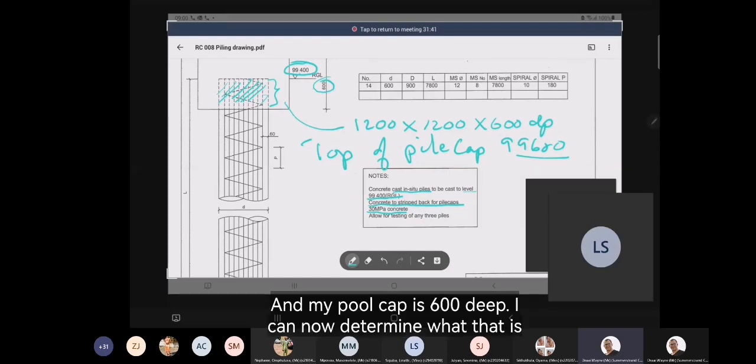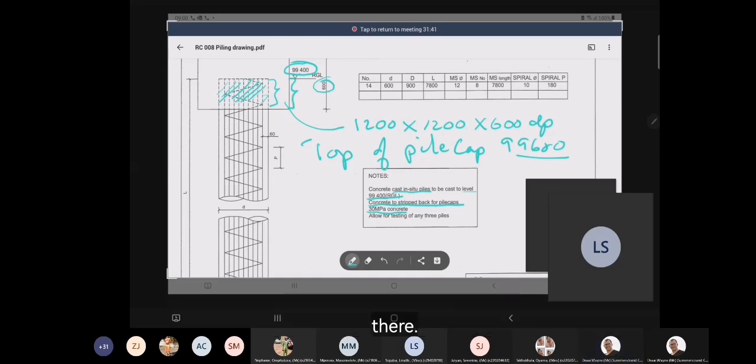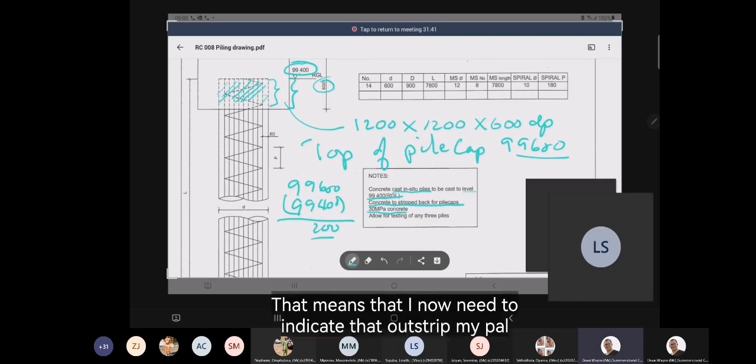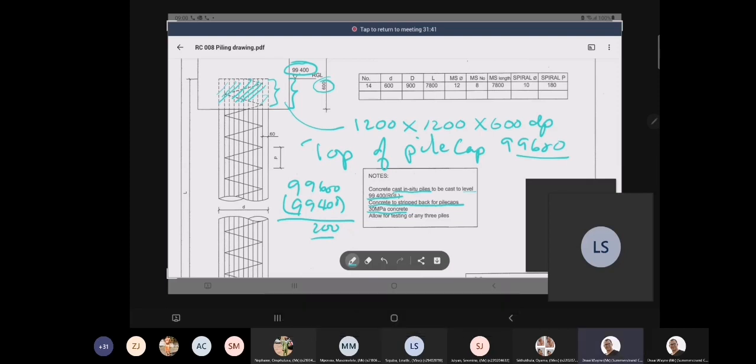I can determine the depth by saying 99,600 minus 99,400 leaves me with 200. So what does that mean? It means I need to indicate that I'll strip my pile cap back by 200 millimeters.